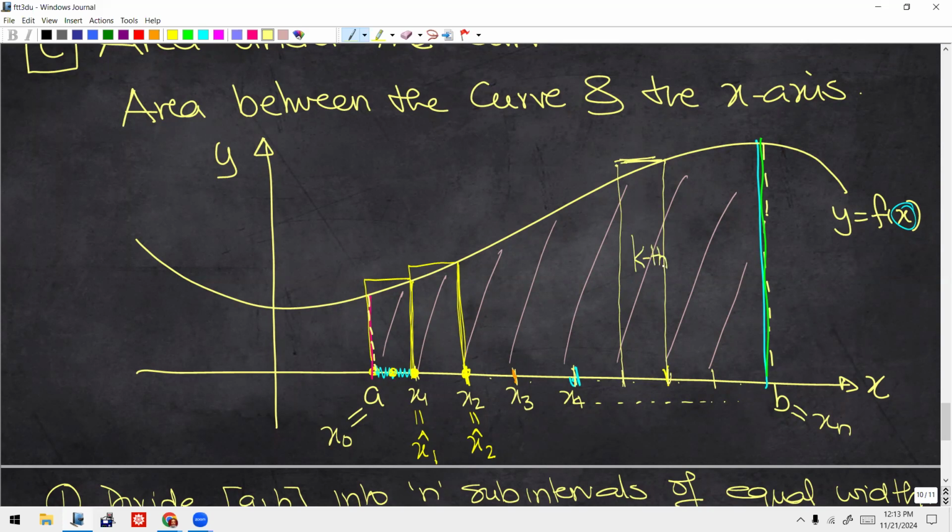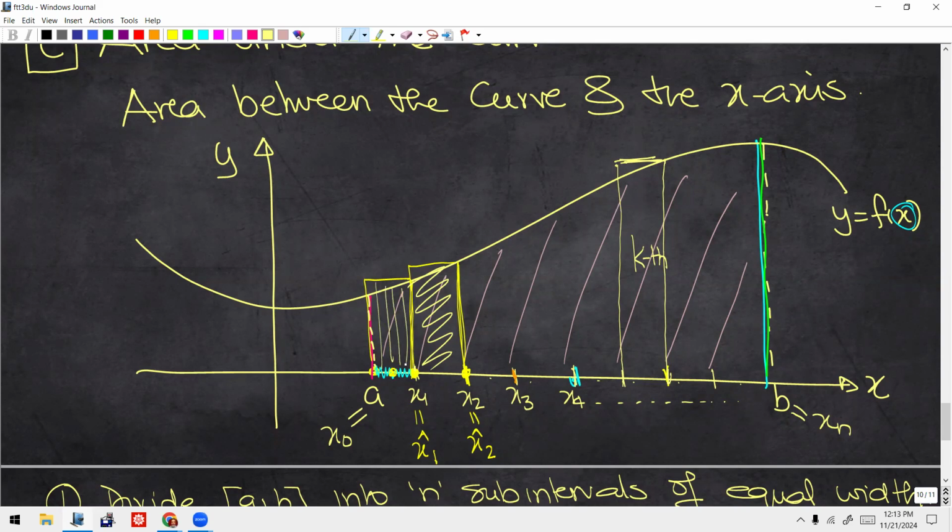Do you guys follow? k could be some number. For example, if k is 2, then it would be this rectangle, the second rectangle. k is just some number between 0 and n, because you have n rectangles, correct? If k is 1, it would be the first rectangle.